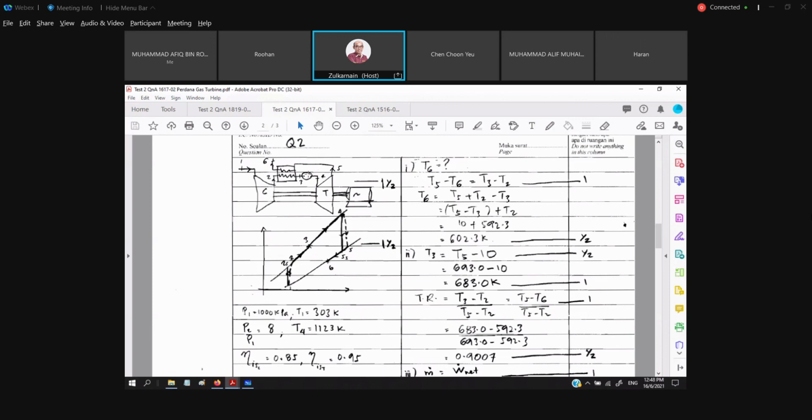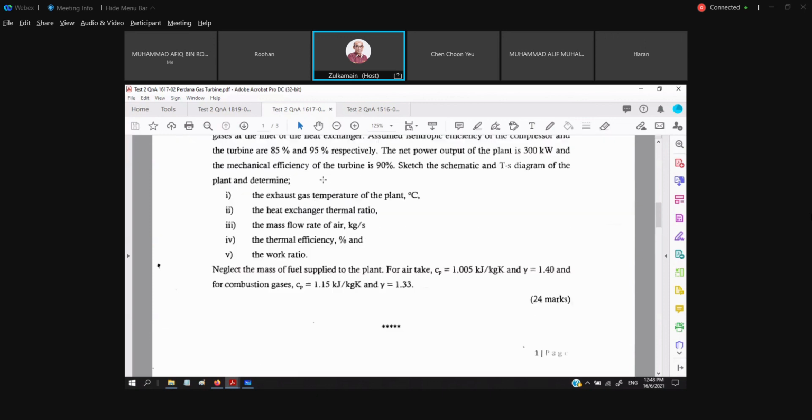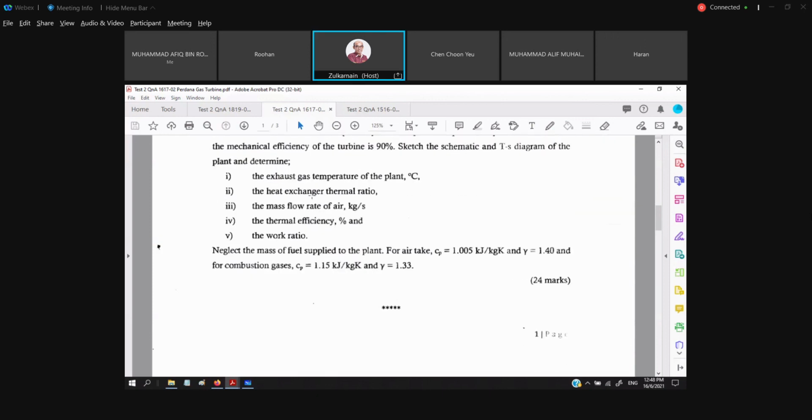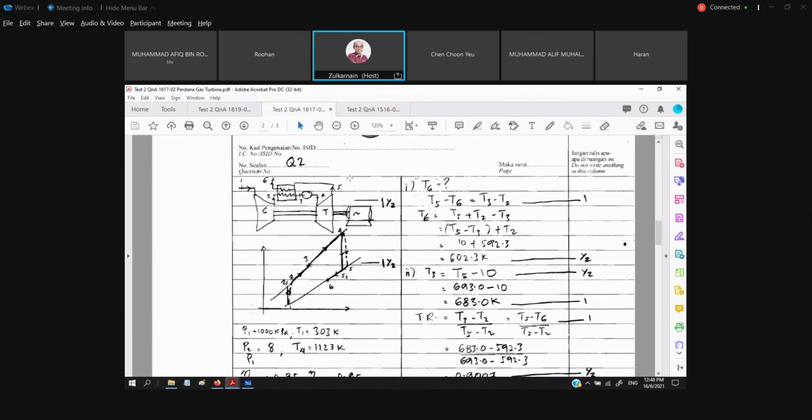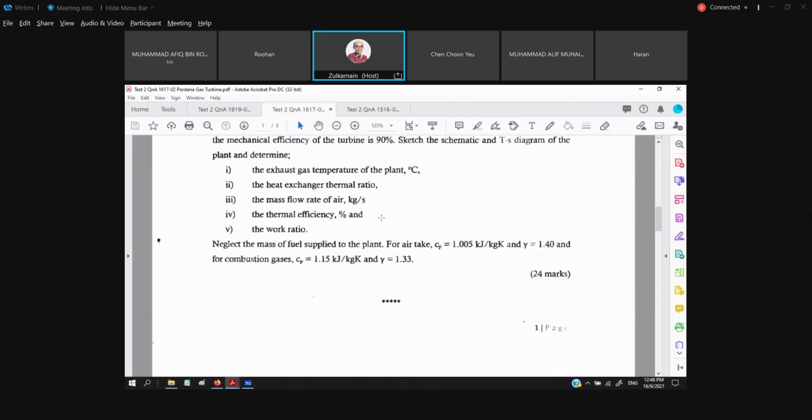And then we have our combustion chamber right here. Of course, with this type of question the schematic diagram looks very simple, but you are going to have isentropic efficiency for both compressor and turbine. So that will take time also to solve it. Okay, so this is the type of question that we could have on the test.